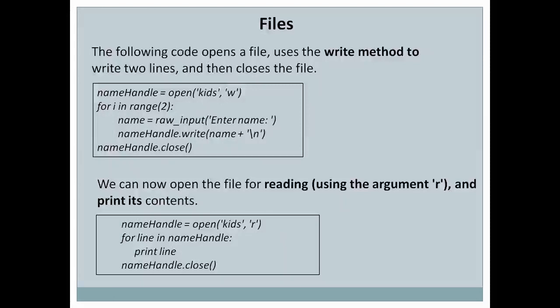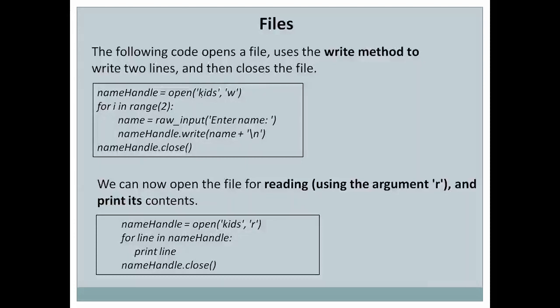The following code opens a file, uses the write method to write 2 lines and then closes the file. So look at this segment of code. The first line here is name handle is equal to open, where name handle is a variable, or you can consider it an object, and the file which we are opening is kids.